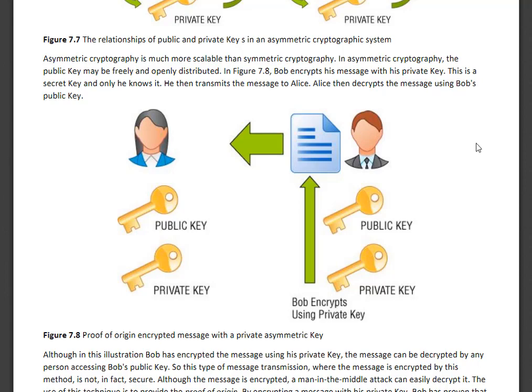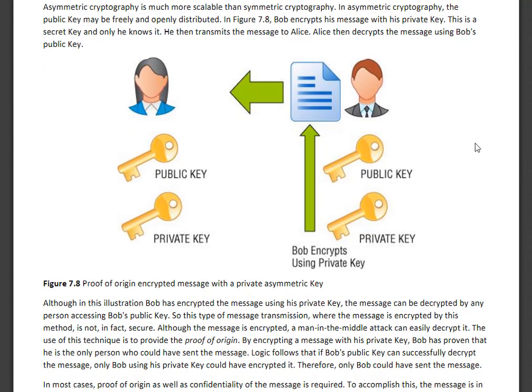So this is not secure encryption. The message has been encrypted, but a man in the middle attack can easily decrypt it because his public key is freely available. It's used to provide proof of origin, non-repudiation, knowing who it came from.